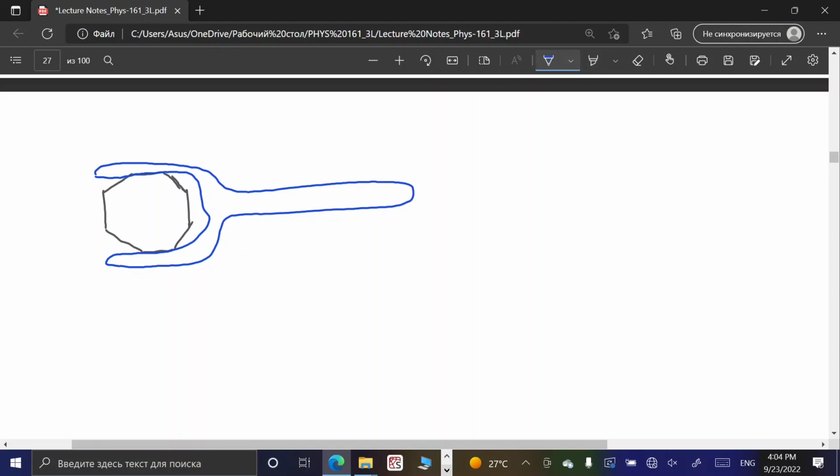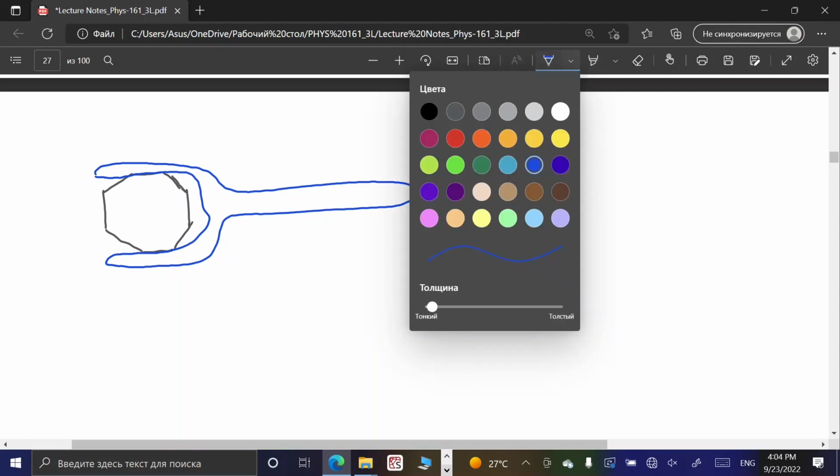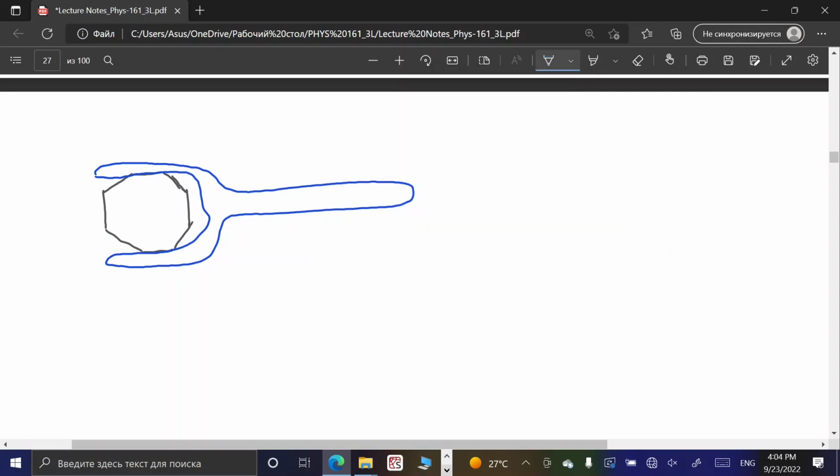So we have some center of this bolt, and we define it as point O. That is the axis of rotation, which goes perpendicularly to the plane of our screen. And at some point, we have force F exerted on this wrench.